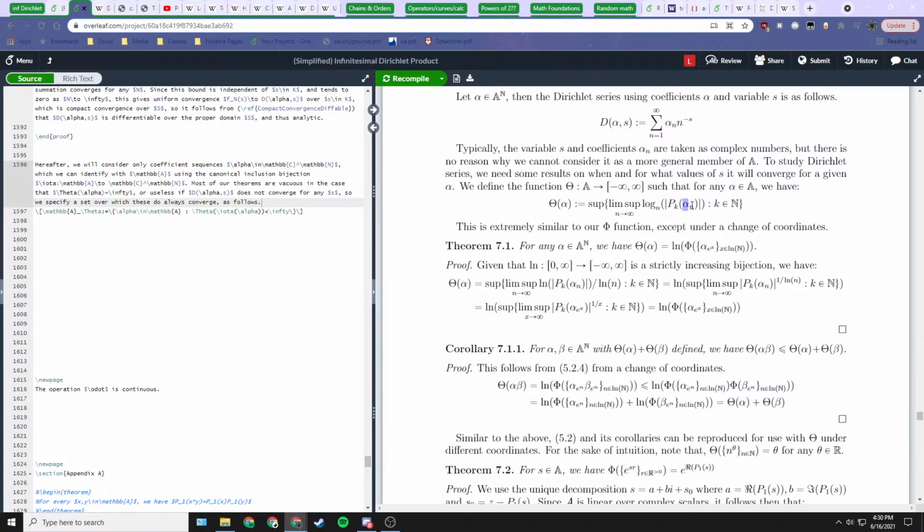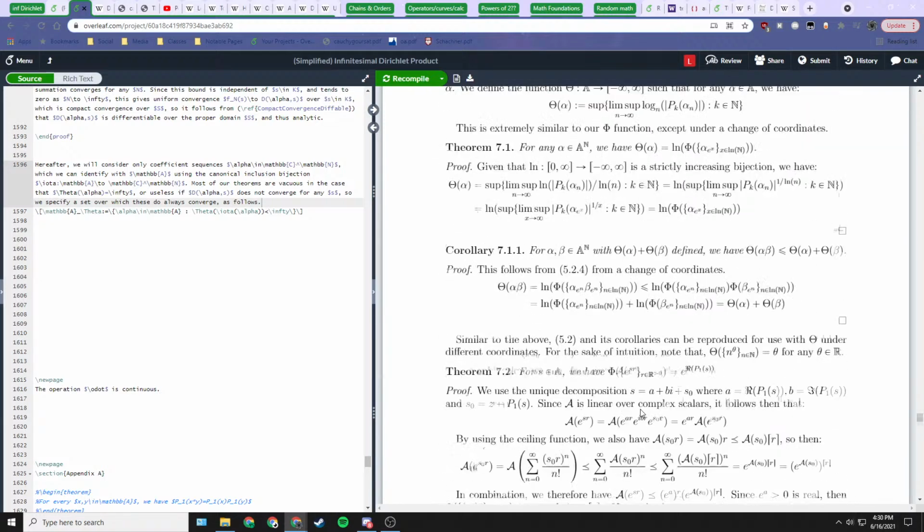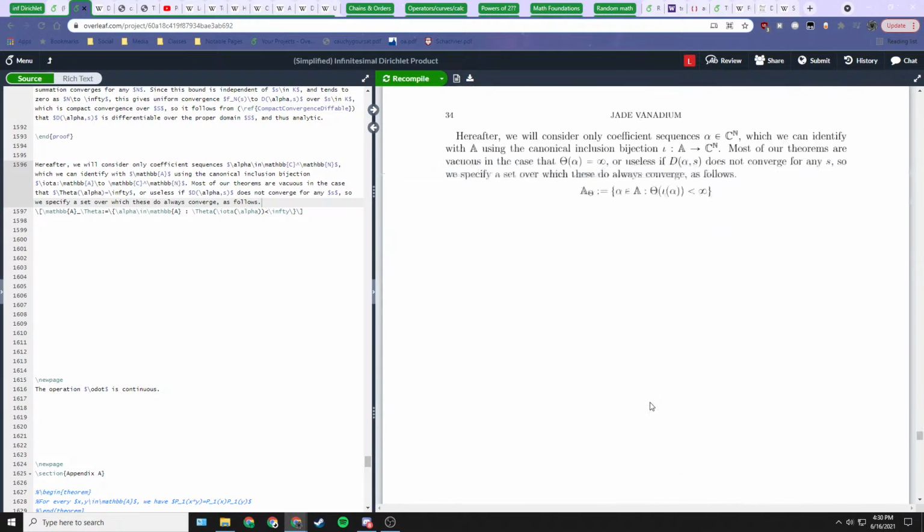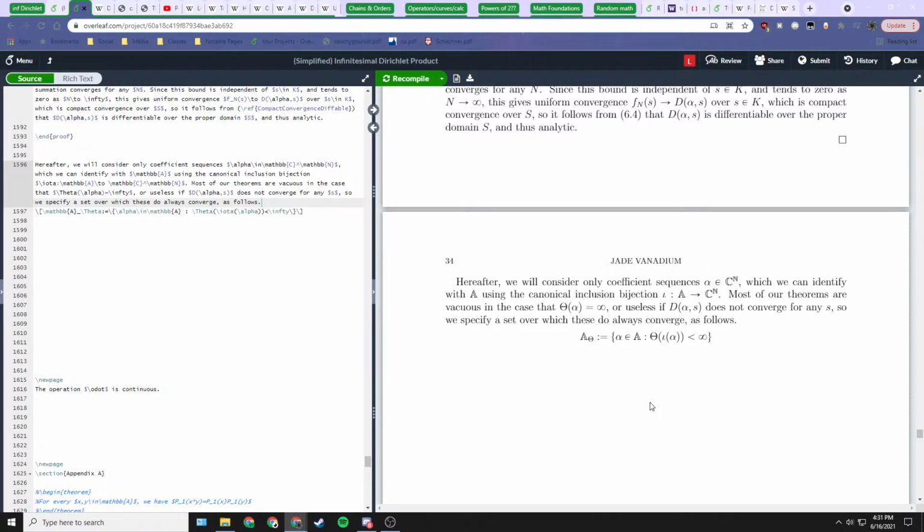If we restrict all the alpha n to be just complex numbers, then you're just figuring out how this sequence of complex numbers grows when compared to a polynomial, which is really straightforward real or complex analysis stuff. The only special indication here is that in order to take the theta value, we're identifying the set A with C to the n. That's essentially what we're doing.